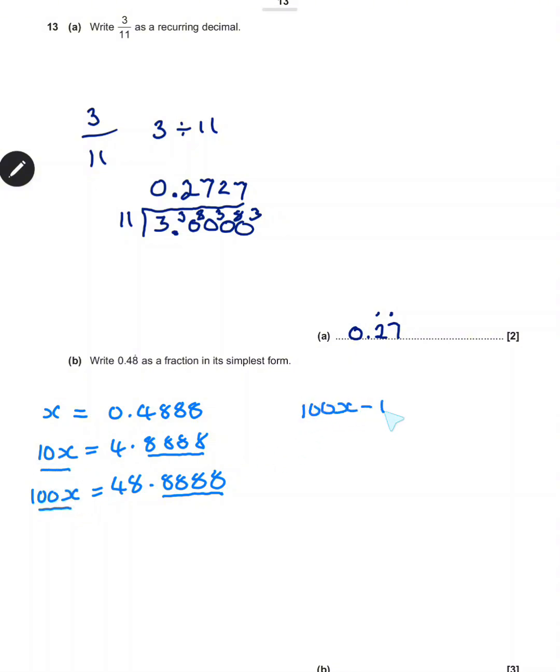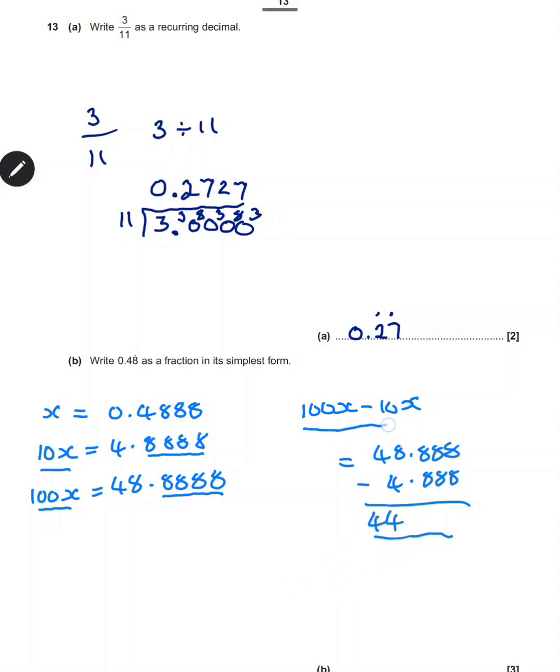100x take away 10x becomes 48.888 take away 4.888. And that repeating pattern means that all these 8s go away. 8 take 8 gone, 8 take 8 gone, 8 take 8 gone. You're left with 48 take 4, which is 44.